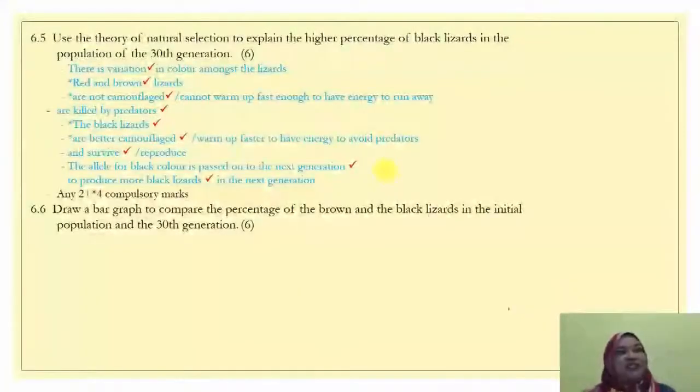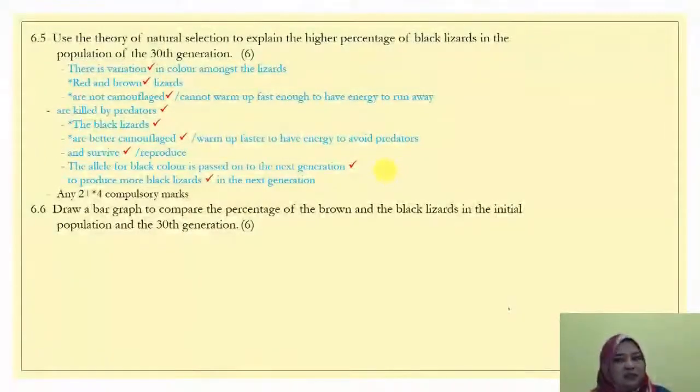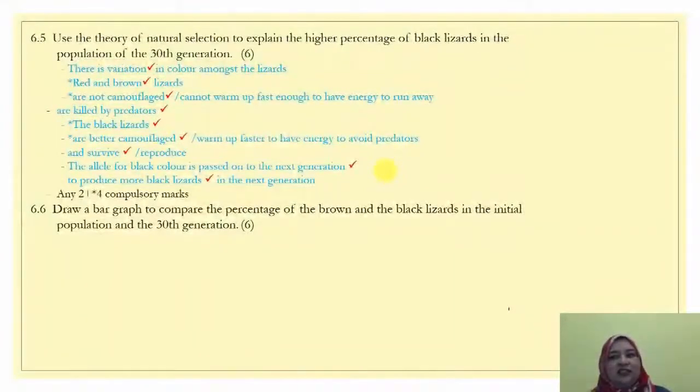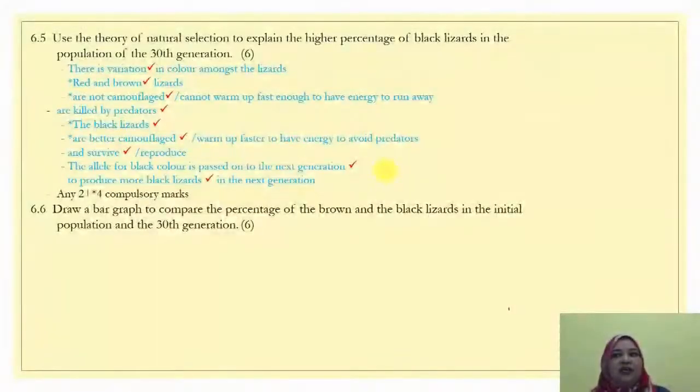Okay, so this is actually a tricky one because of the 4 compulsory marks. So what we're learning here is that yes, it has variation, but you can't just say some have favorable characteristics and others do not. If they give you a specific example, you use the actual characteristic in the example in your answer.